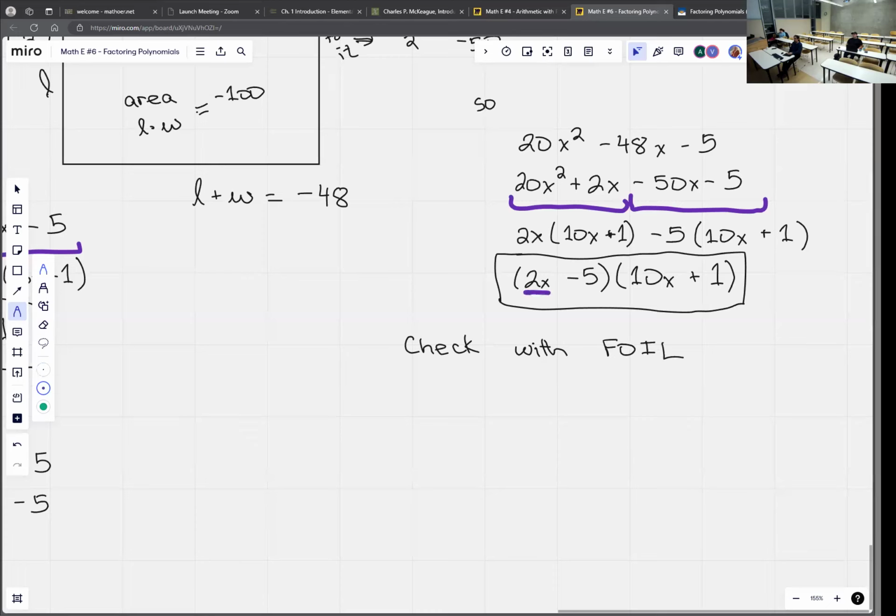So first, the first part's 2x and 10x, 20x squared. Then the outside, 2x and a positive 1, so positive 2x.